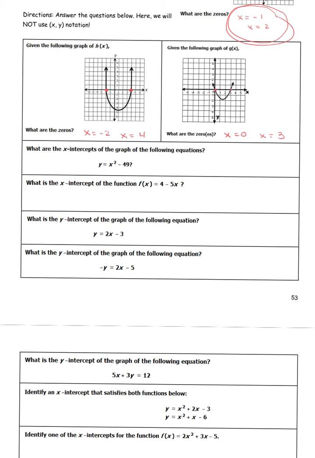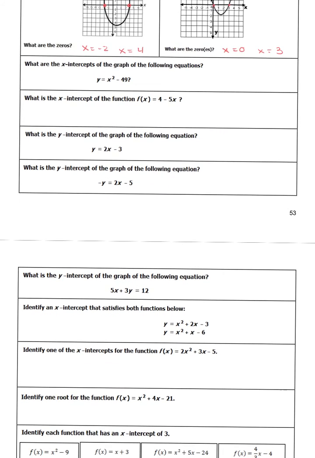All right. Now we're going to take a look at it a different way. So now we've looked at examples of finding zeros from the graph. Now here's another way for asking us the same thing, but just in a different way. So what are the x-intercepts of the graph of the following equation? So here we can see we have y equals x squared minus 49. All right, so similar to the thumb method that we used in the previous example, anytime you're looking for your x-intercept, you're going to plug in 0 for y.